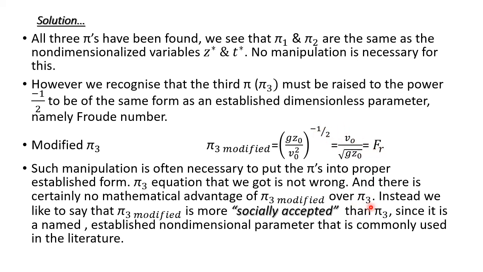Instead, we like to say that pi 3 modified is more socially accepted, meaning most people are familiar with this kind of expression. Otherwise pi 3 is also correct. It is an established non-dimensional parameter that is commonly used in the literature.